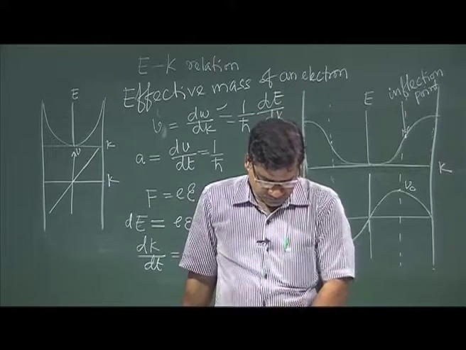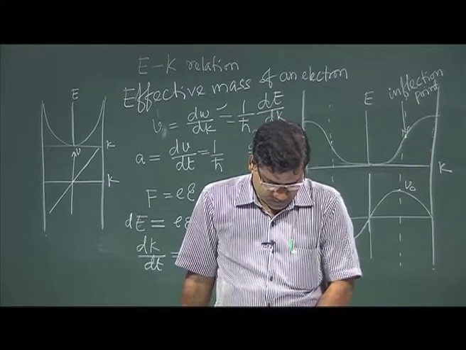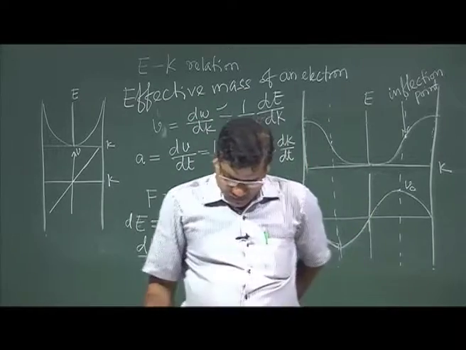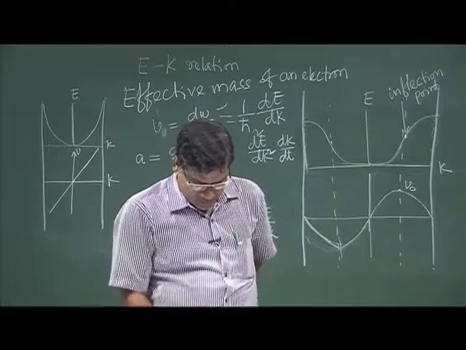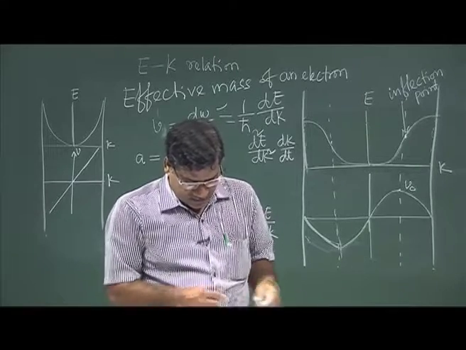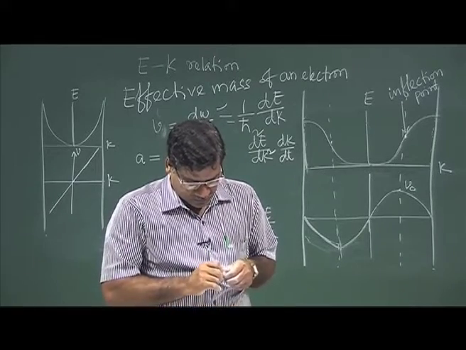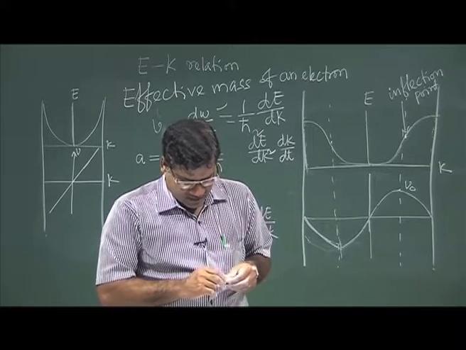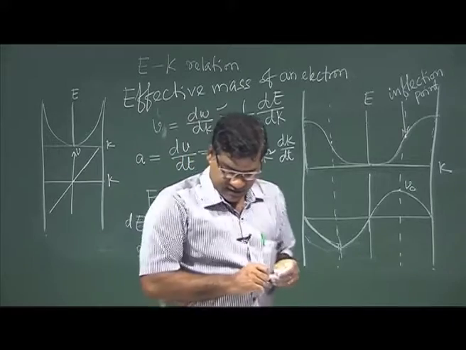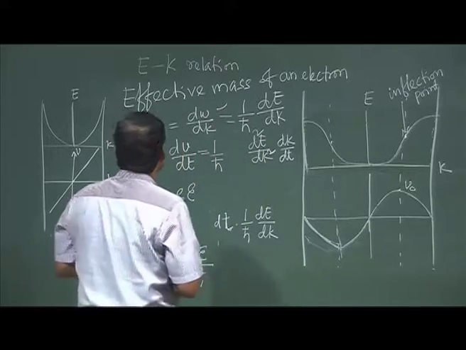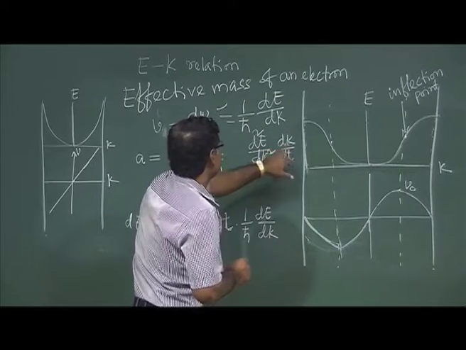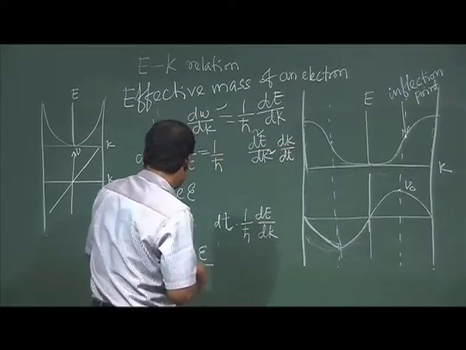From here, we got this. Now the acceleration that we have seen, that is in terms of this, here we have written; now we have to find out dk by dt. So, we got this dk by dt.